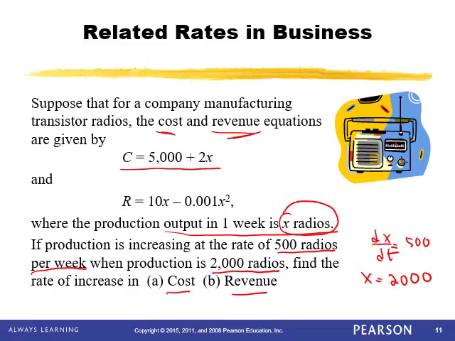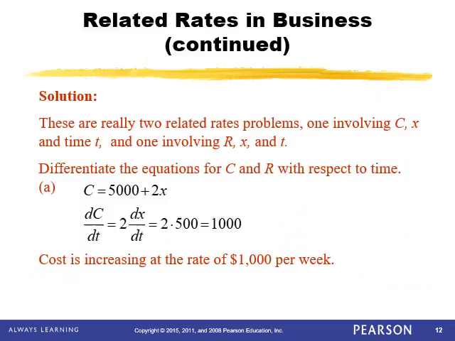Again, we're going to take the derivative of the cost function and the derivative of the revenue function. There are really two related rate problems, one involving the cost, x and t, and one involving the revenue, x and t. So let's differentiate both functions with respect to time separately.